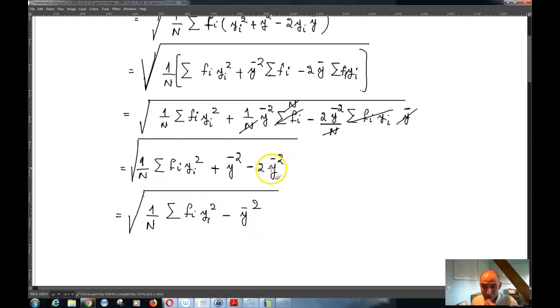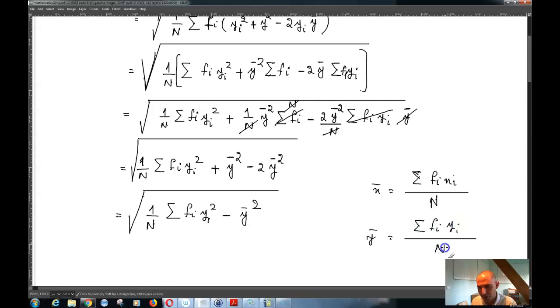Now y bar squared is the same thing as, I suppose, y bar, you can write it as basically x bar, you can write it as sigma f of i x of i over n. So y bar, you can write it as sigma f of i y of i over n.